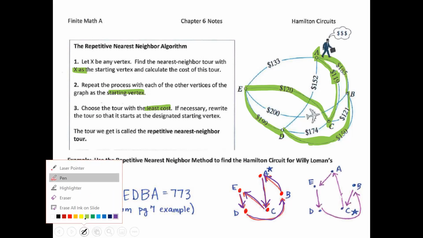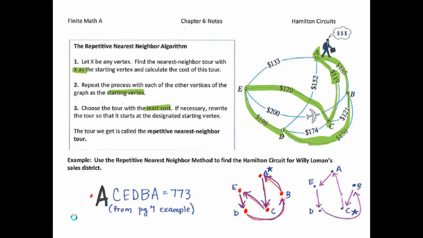So if I were to go backwards from this, I have A to C.